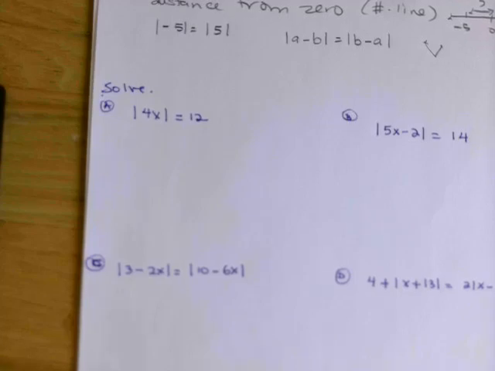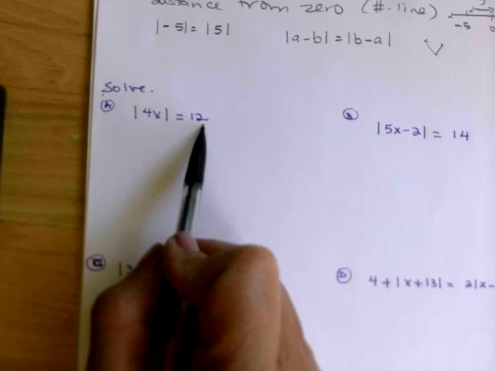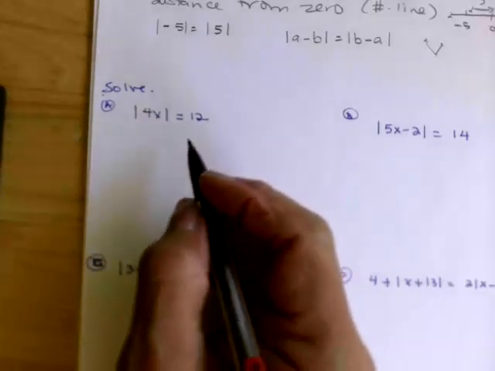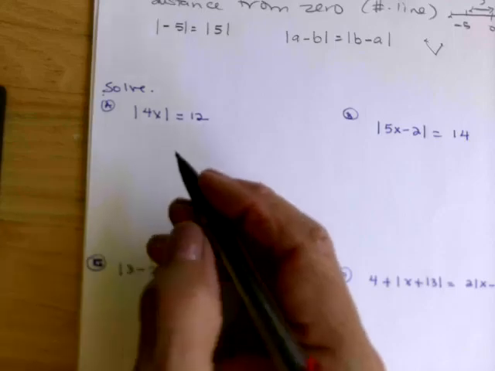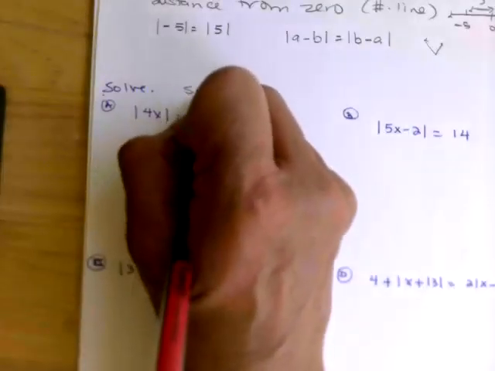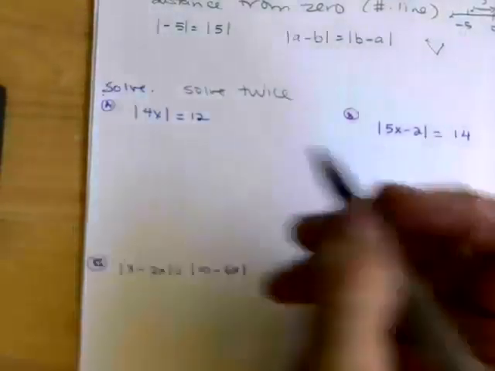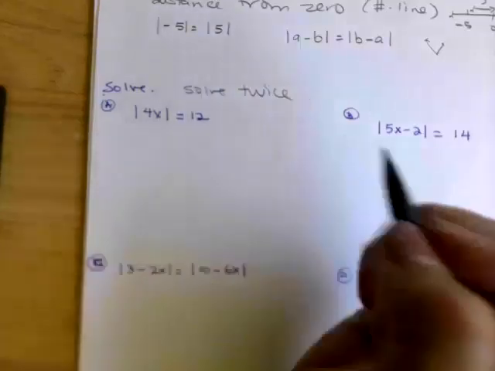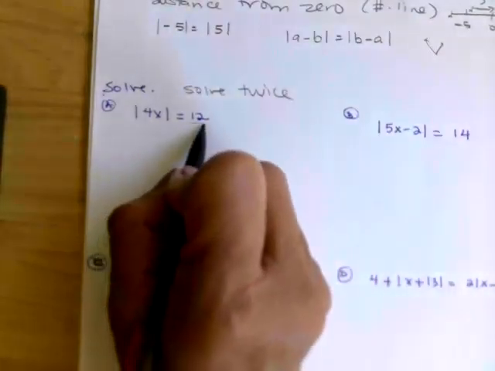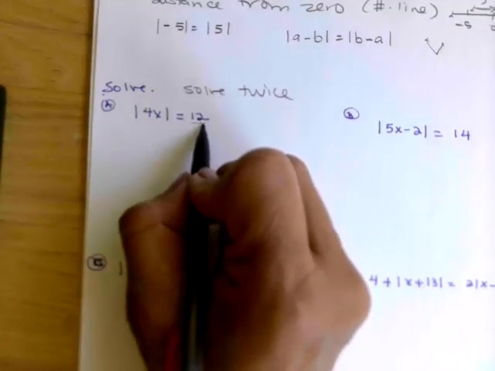The way we solve absolute value equations, and again we're going to work on efficiencies, is we set one side equal to a positive value and the other side equal to a negative value, and we solve it twice. The easiest way, especially if you just have one number on one side, is to let that number be the plus or minus.